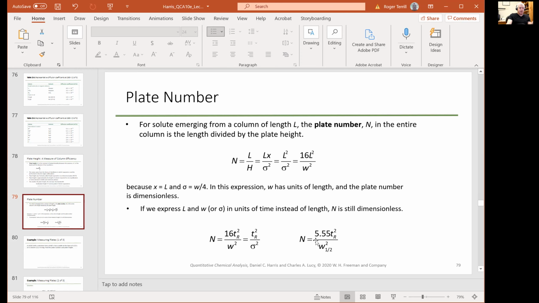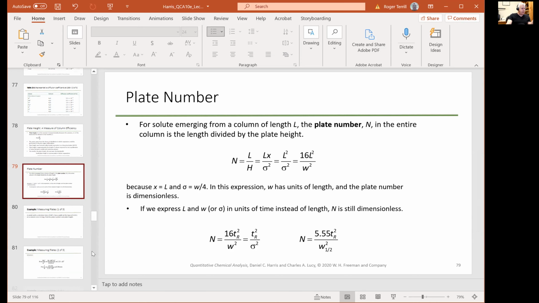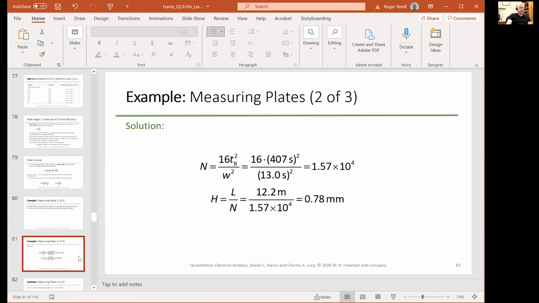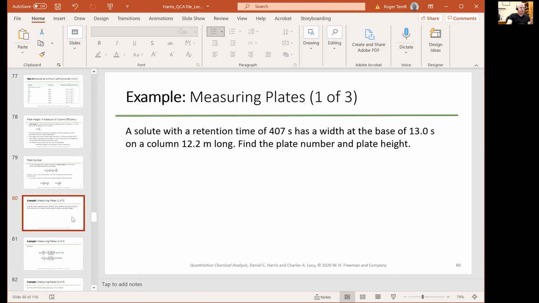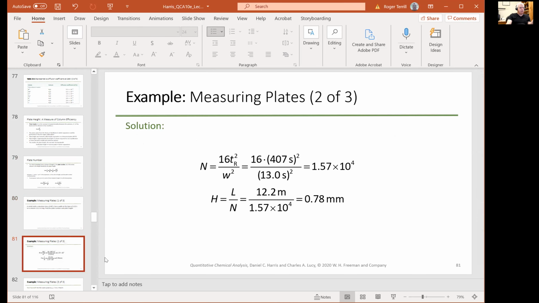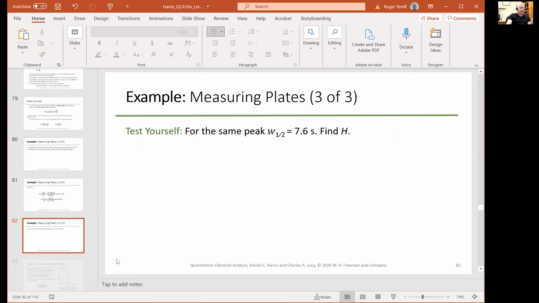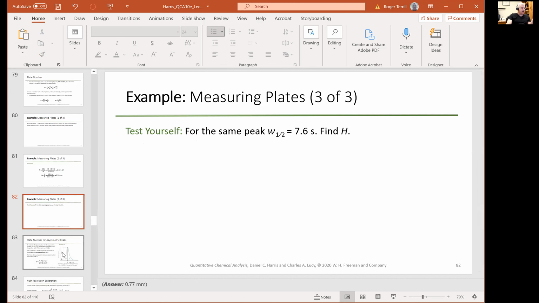So this N is something you can just get from a chromatogram, and that is fine. None of these other things matter at all, except this one. And N is a dimensionless metric of the separating power of your column. And you can just do the calculation. For a given TS, you can find the plate height. Whoopie doo, it's half a millimeter.